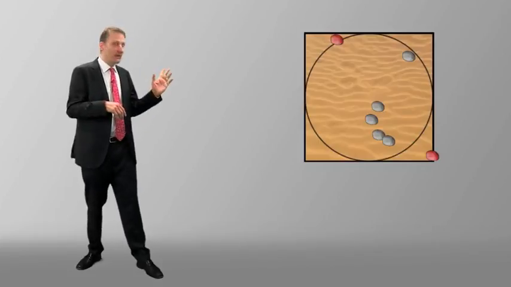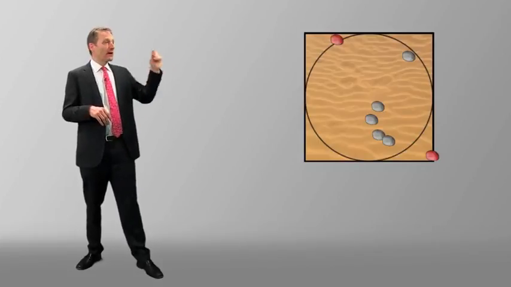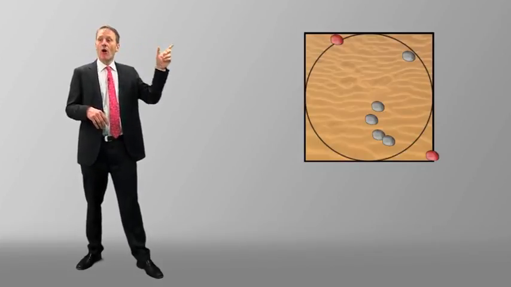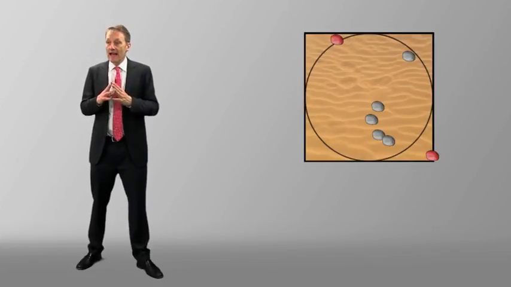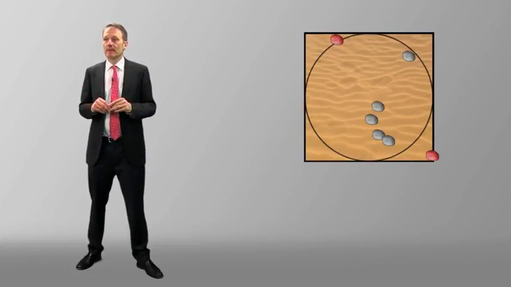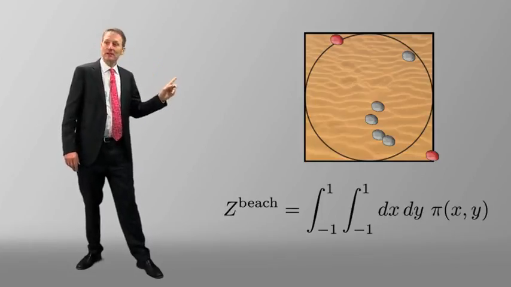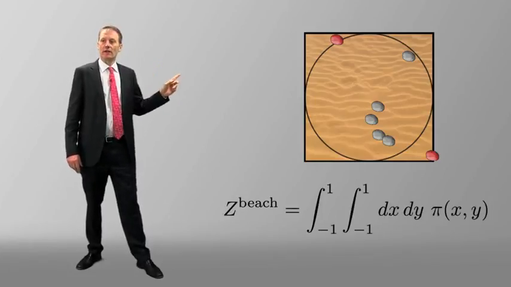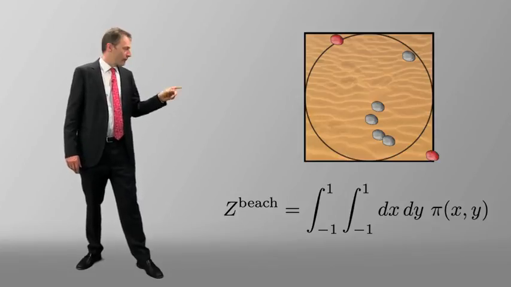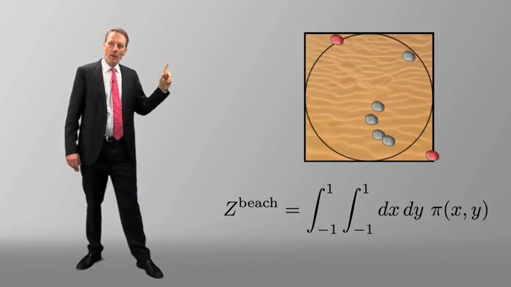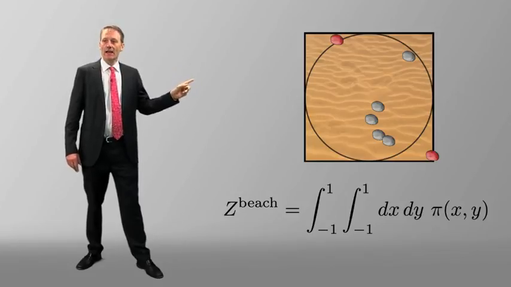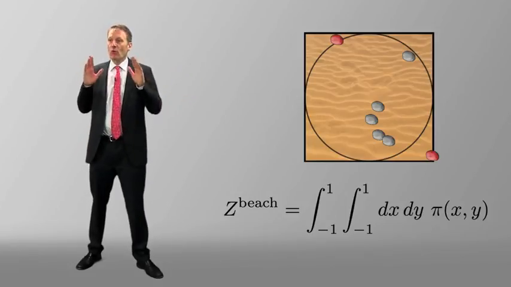So, 5 weeks ago, we started by considering pebbles on the Monte Carlo beach and on the heliport. The partition function was the integral in x from -1 to 1 and the integral in y from -1 to 1 of pi of x and y, which was a constant equal to 1.